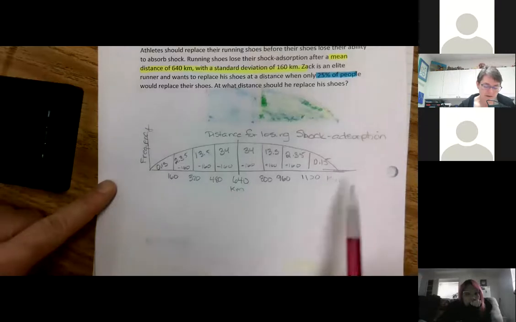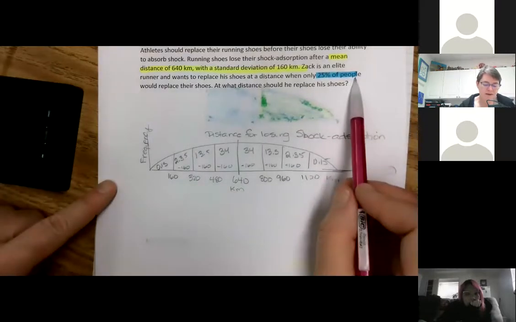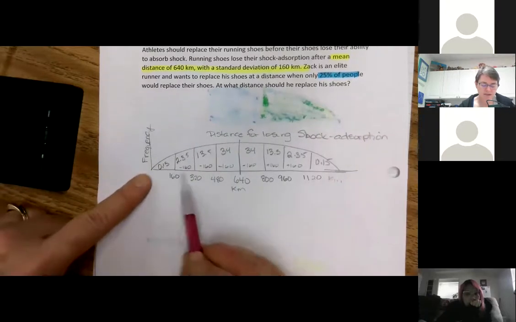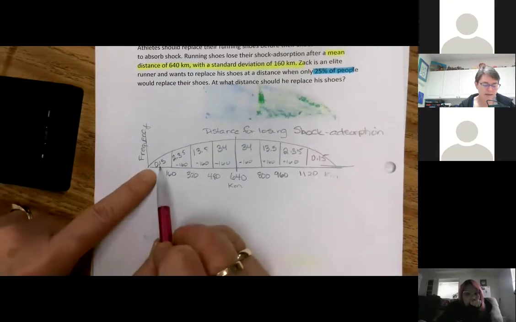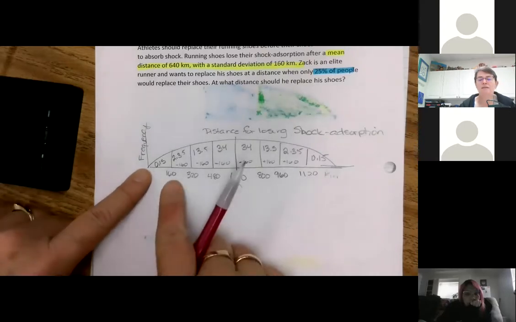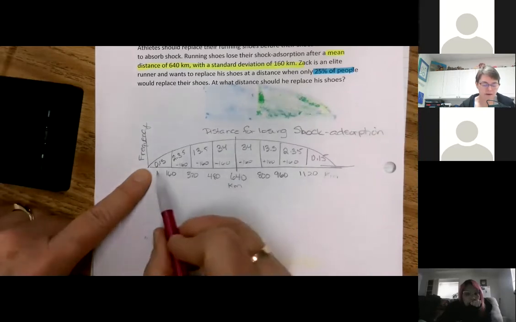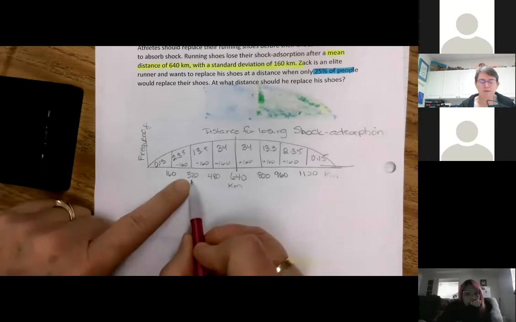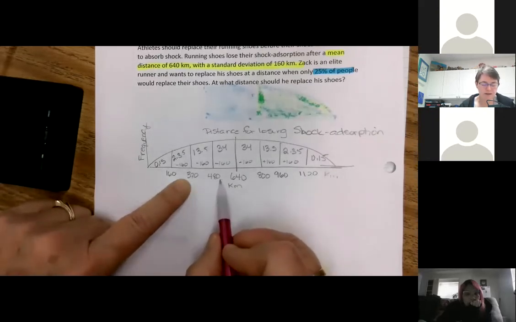Okay. So we need to figure out where 25% of the people will replace their shoes. So if we think about this, this represents 0.15% of the people who will replace their shoes before 160 kilometers. Some people are going to replace them when they've run 320 kilometers, some at 480.